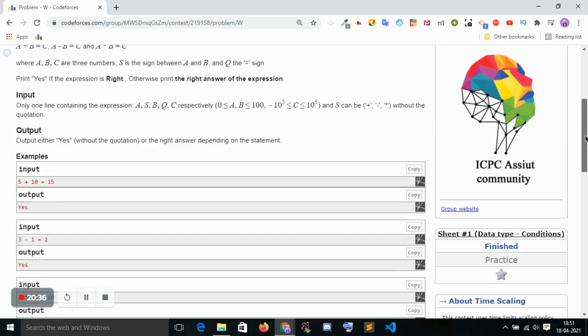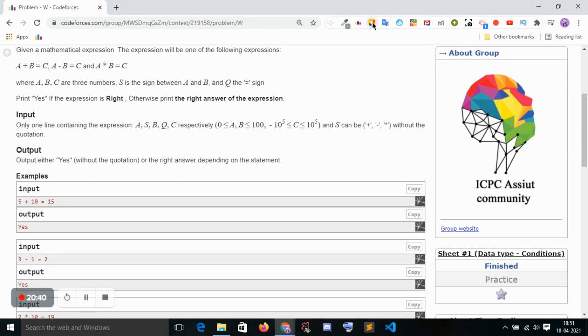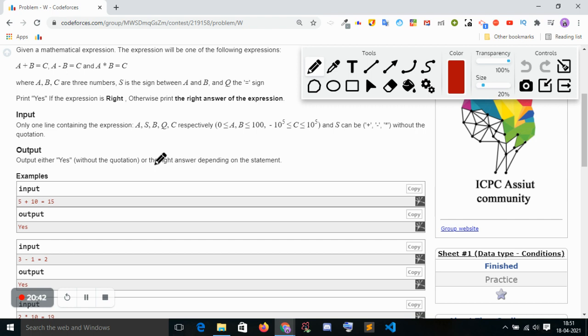This is a similar problem, just like the expressions. You take an integer int a, again you have to take a char, int b, again you have to take a char, and int c, and just check it.